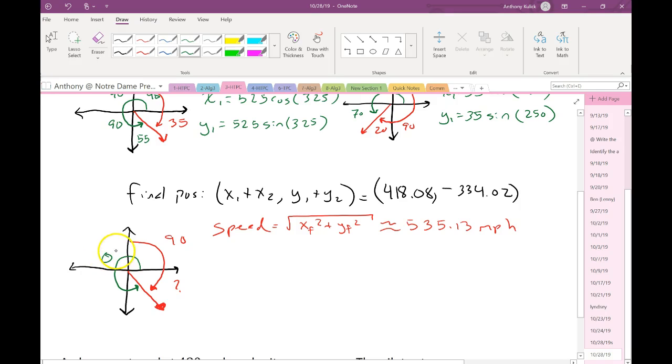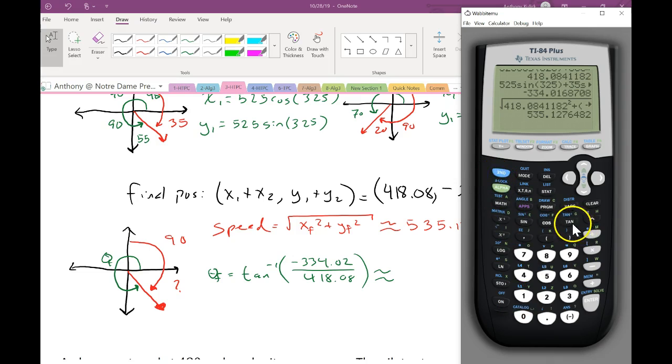I'm going to call that guy theta F. So that standard position angle is going to be tan inverse of y over x. So when I go and I type this into my calculator, it gives me negative 38.62.